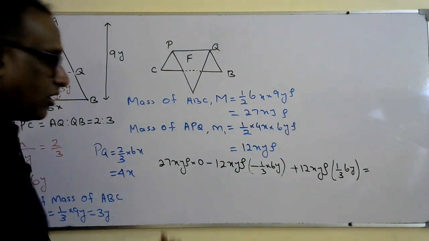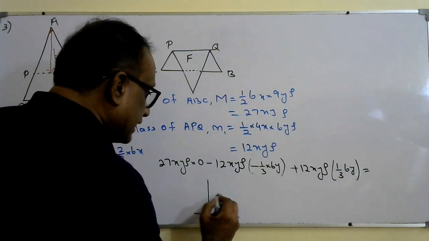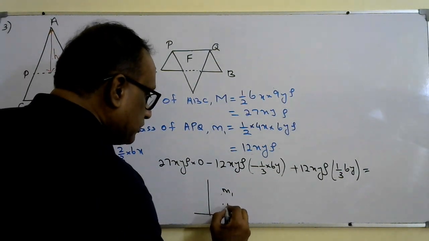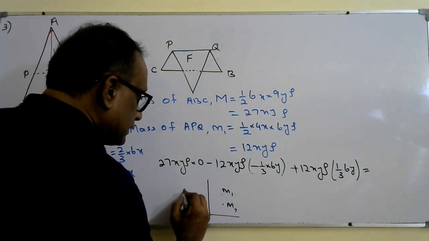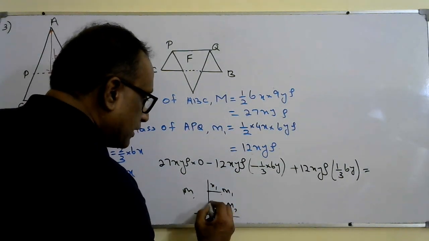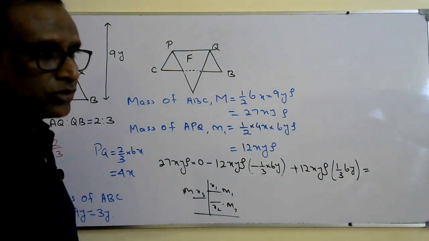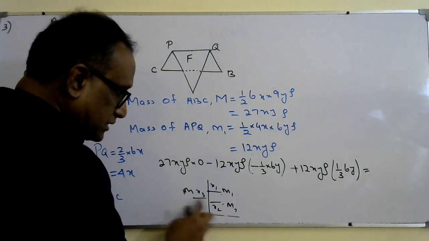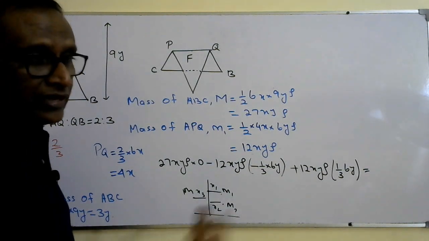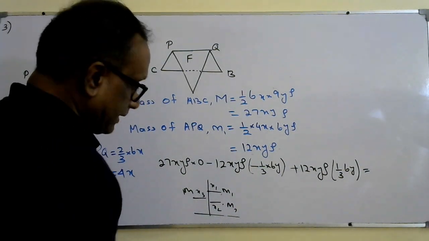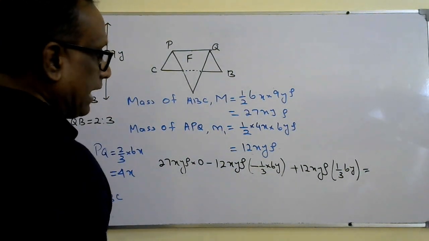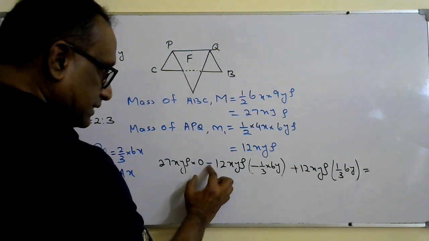If the particles are on either side, this is M1, this is M2, this is M3, and this is X1, this is X2, this is X3, so we have to take one direction positive. If I take X1, X2 positive, then X3 should be taken negative when we are writing sigma m i x i. Okay, so this is removed. That's the reason for the minus sign.